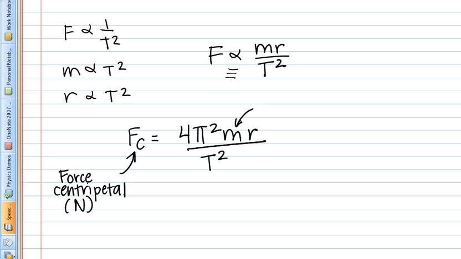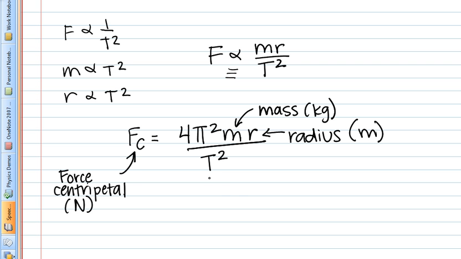We have m here, and that's going to be mass. Now, I know in the lab we measured that in number of balls that we had. However, here in the equation and throughout the rest of physics, we'll measure it in kilograms. R is simply going to be the radius of the motion that the object is going in, measured in meters.